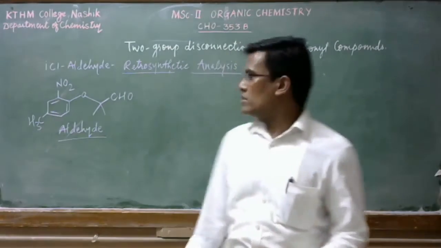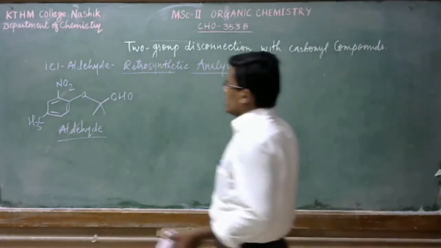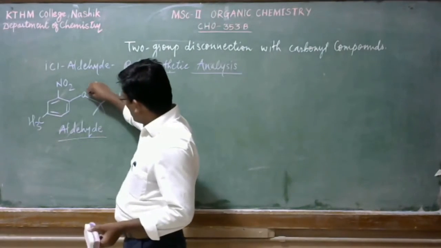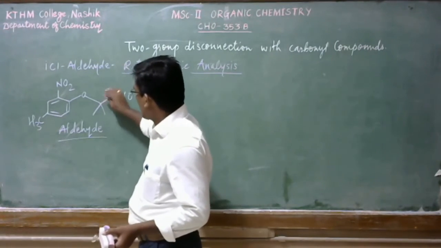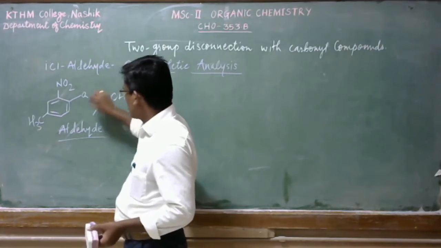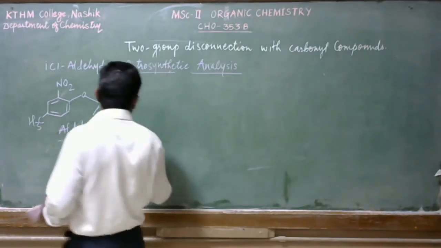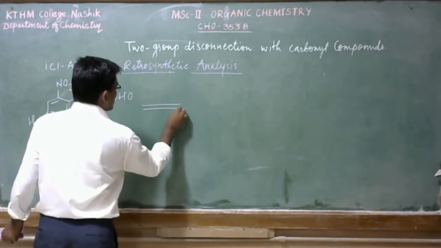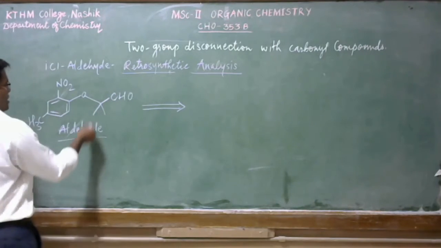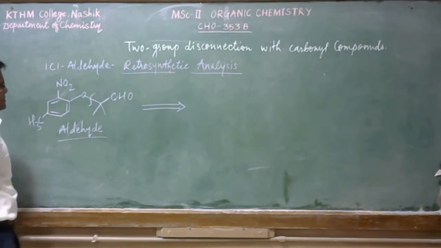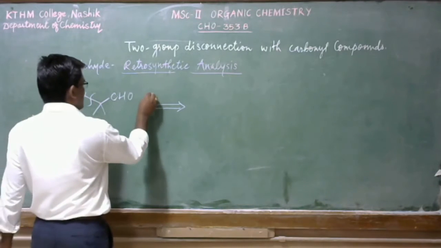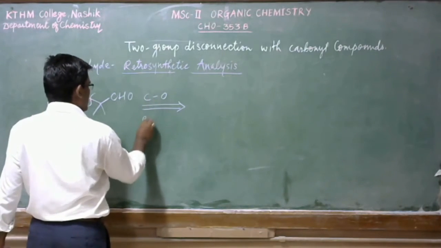So when you look at this molecule, you will think of this cleavage, okay, the CO cleavage. Good. So let us put this retrosynthetic arrow and let us break the bond. Okay. So this is the CO ether cleavage.